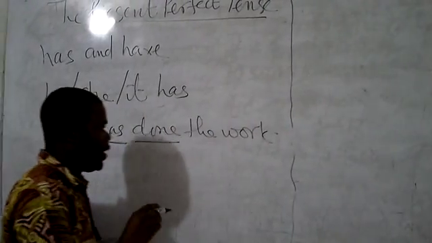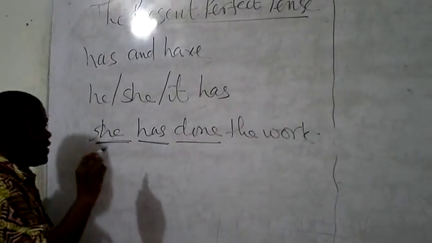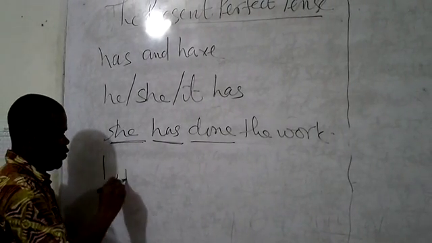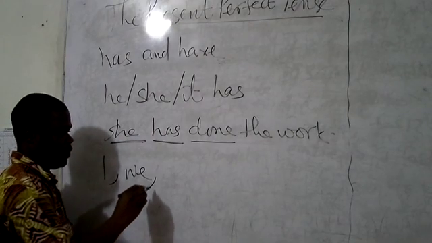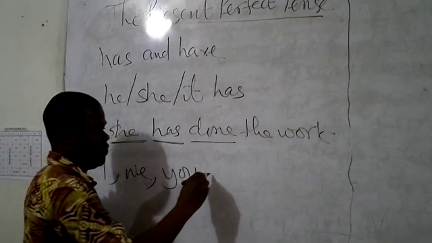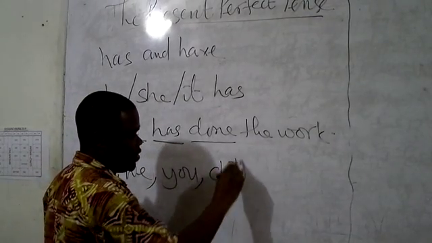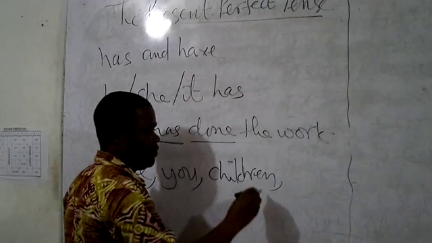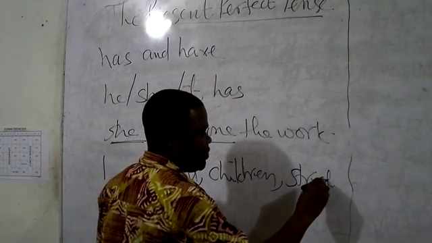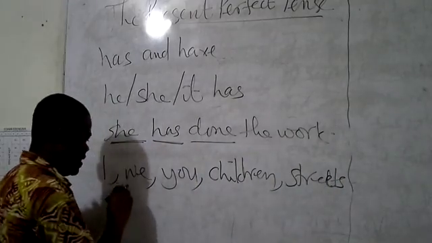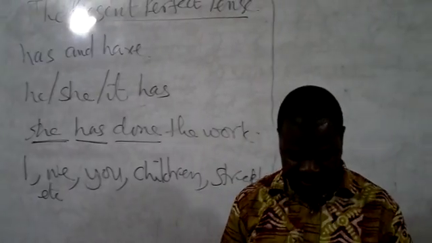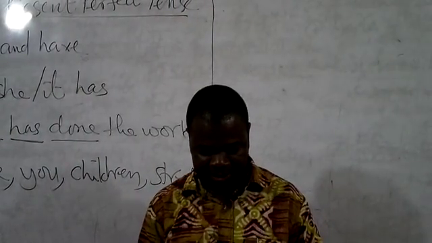So it will go with subjects such as I, we, you, children, streets, etc. So now, with these, we can have the following examples.